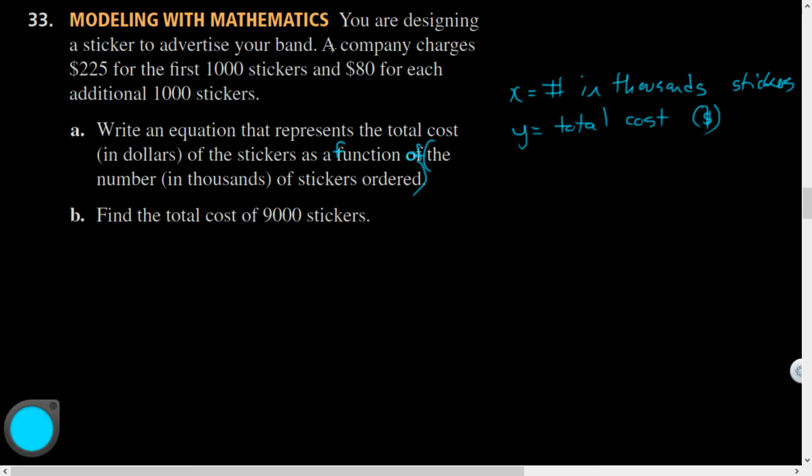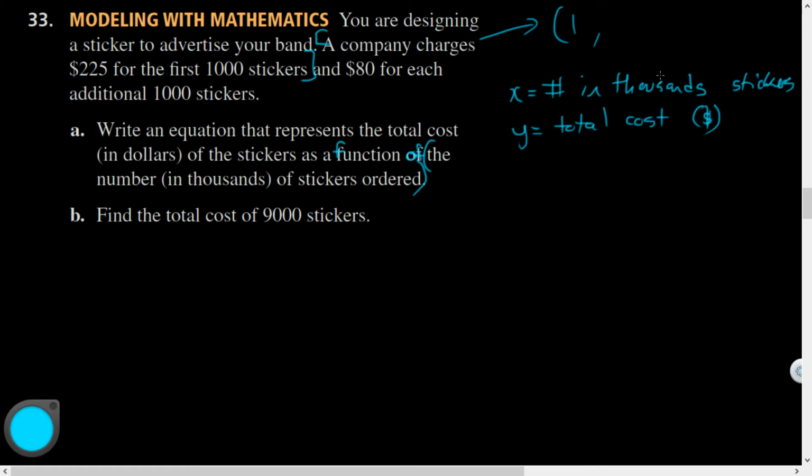So let's see, the first fact they said: a company charges $225 for the first 1,000. So what does that fact correspond to? That's the same as saying for the first 1,000 stickers, which, wait, x is measured in thousands of stickers, so 1,000 stickers is the same as 1 for the variable x.